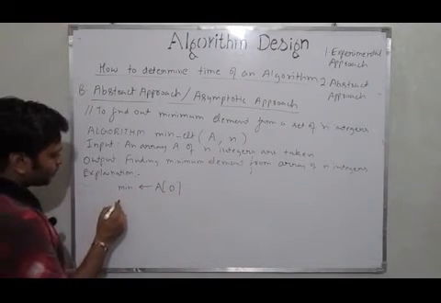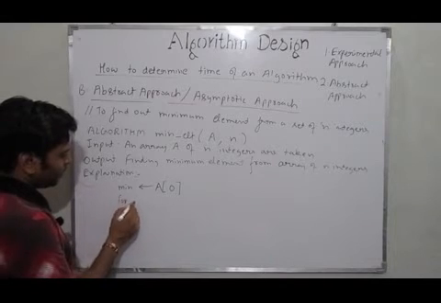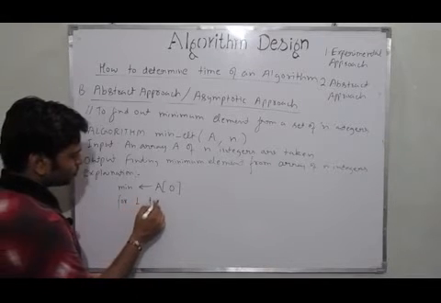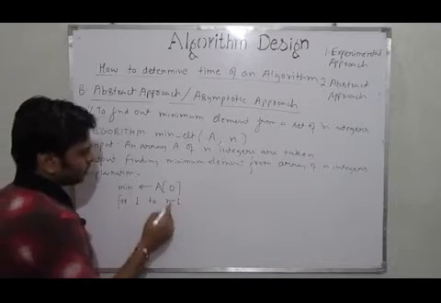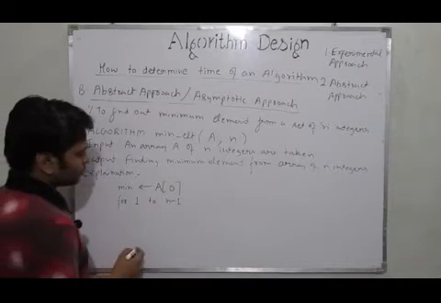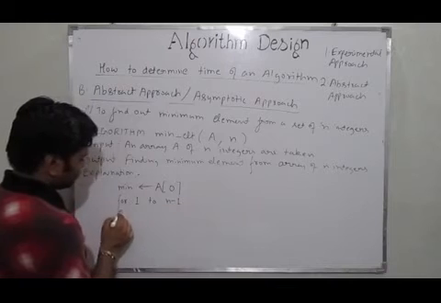Now we can run a loop for 1 to n minus 1, for 1 to n minus 1 do.